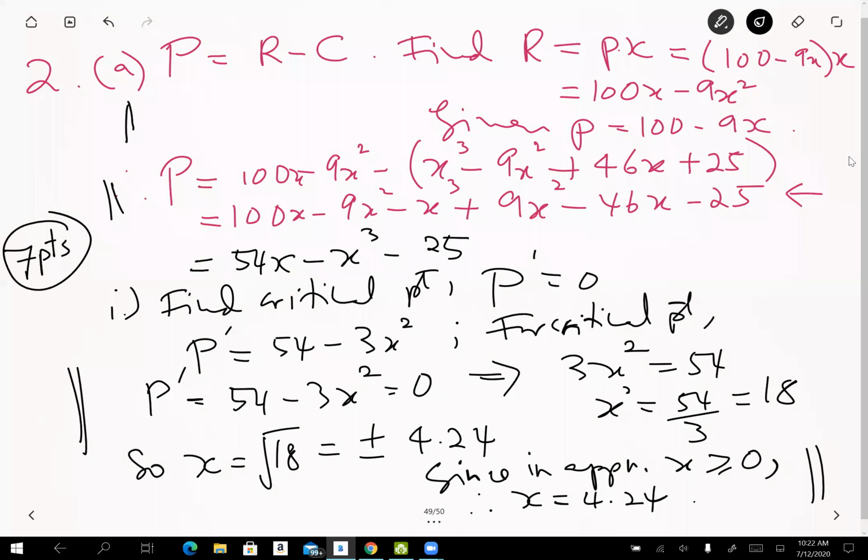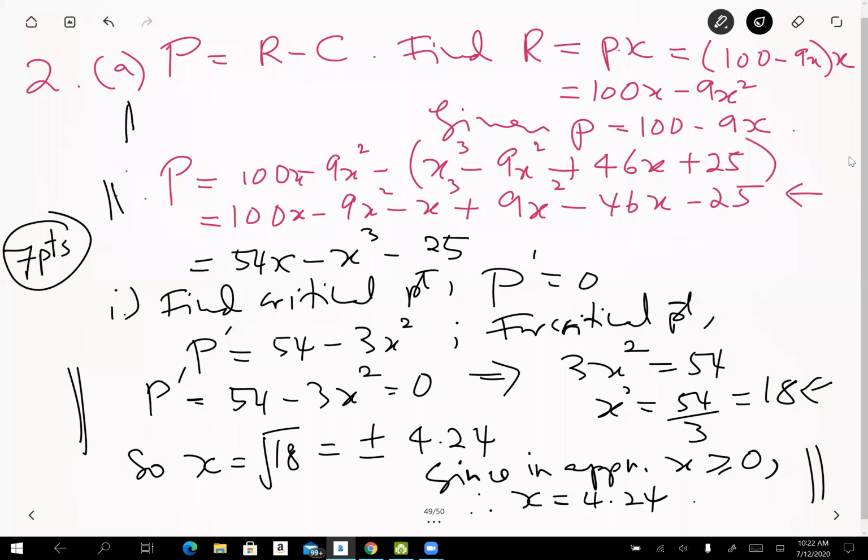You know, some people, you got P prime, and then suddenly, boom, answer is x squared equal to 18. I don't know how you got it. So show work, because if you show me more work, then I can see that you understand what you're doing.